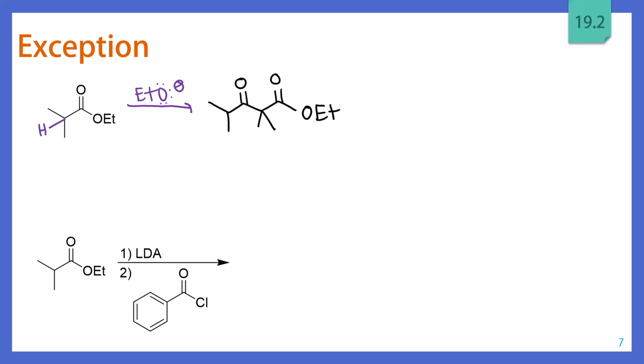But remember that the driving force for the Claisen condensation is that before you add in your aqueous acid workup, you are also going to create an equivalent of ethanol by pulling off an alpha hydrogen from between the two carbonyls. If you do not have another alpha hydrogen there, we actually cannot create that ethanol, and that destroys our driving force for the reaction. So this reaction is unlikely to proceed in the way that it's written out here.